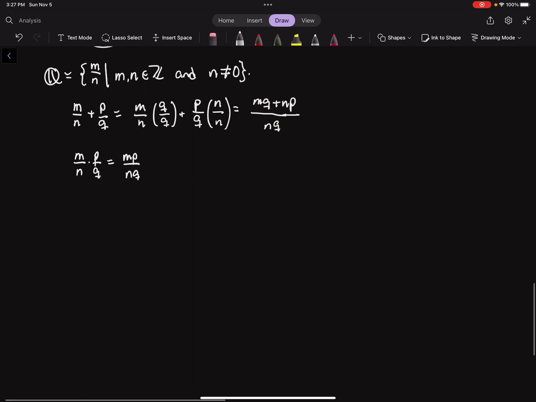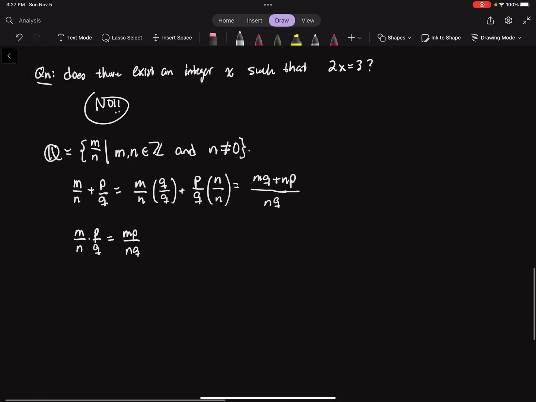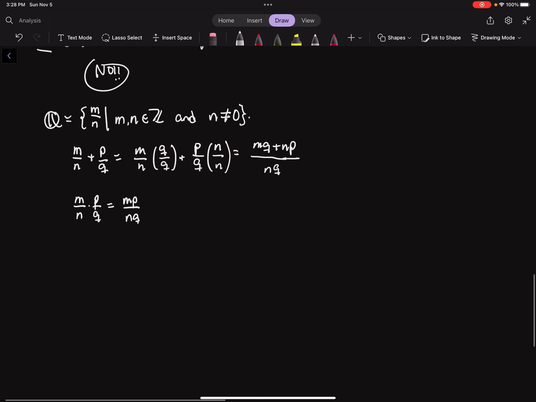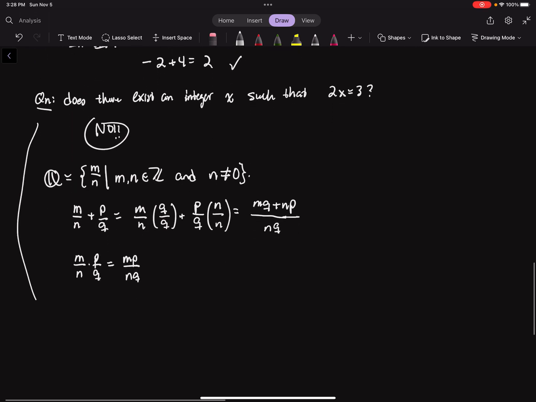Okay, now Q has a lot of nice properties, and in the next video, I guess we will actually explicitly outline these properties. However, let's think about what's wrong with Q, because we're going to be downers today. And what's wrong with Q? Well, you can solve all sorts of problems, like this equation 2x equals 3.